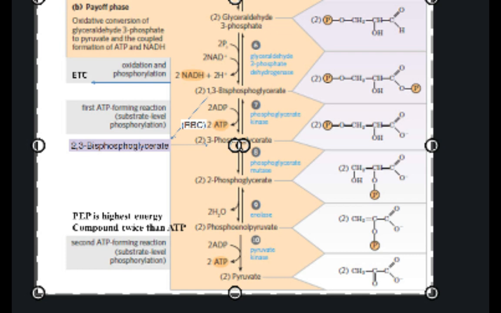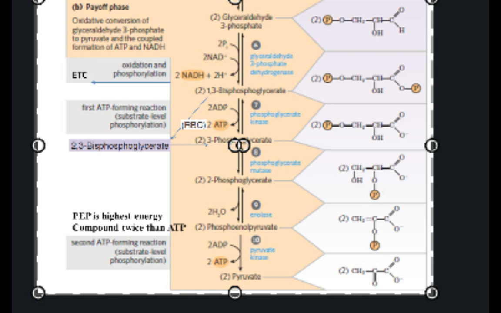So this is the second example of substrate level phosphorylation, and it is also the third example of an irreversible reaction. First is hexokinase, phosphorylation of glucose, then phosphorylation of fructose, phosphofructokinase 1, which is irreversible, and the last reaction, pyruvate kinase, is also an irreversible reaction.